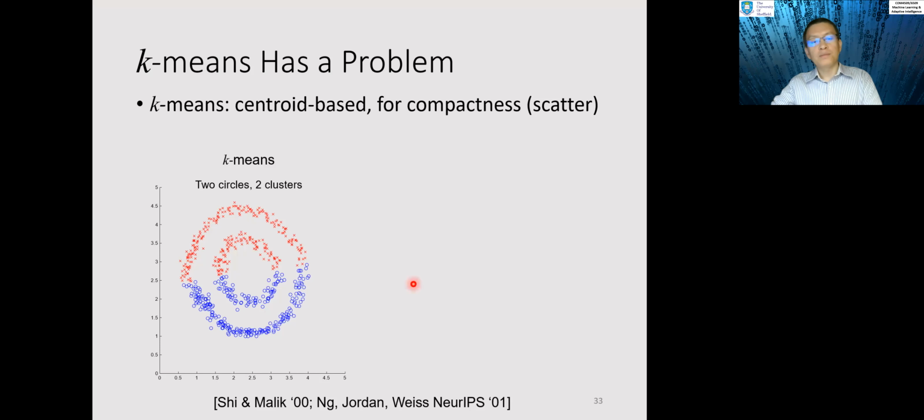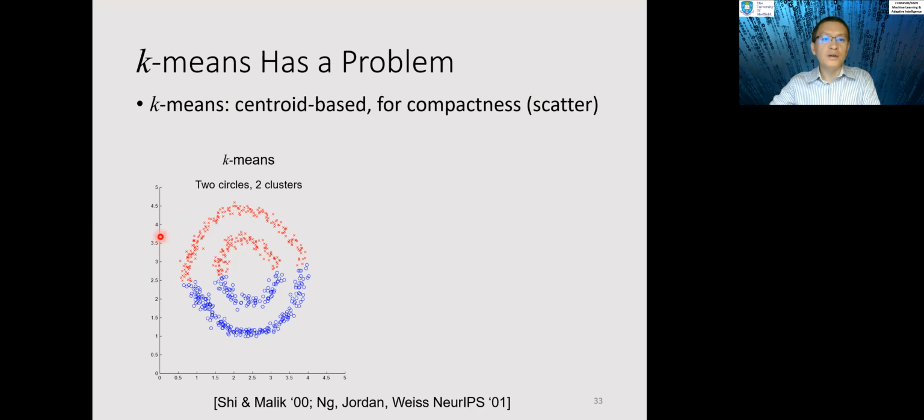And we notice that k-means is basically centroid based, and it aims to optimize compactness through minimizing the within cluster scatter. But there's a problem if the data structures are not that linear.